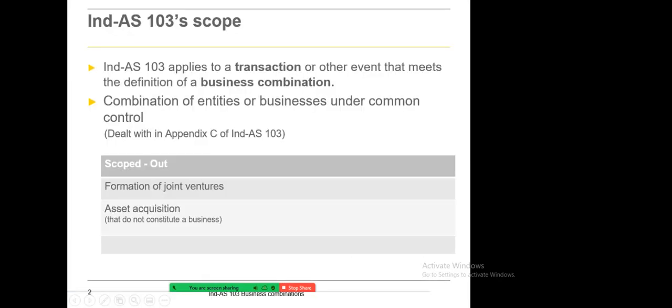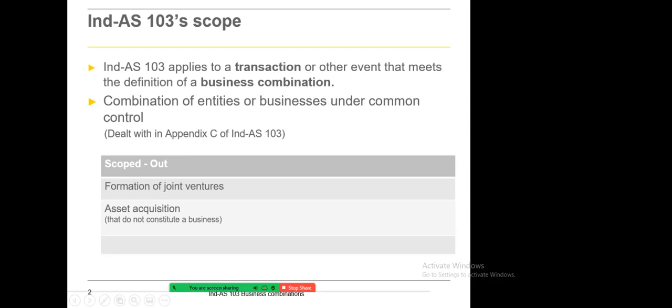So Ind AS 103 is applicable on all these transactions. Ind AS 103 applies to transactions or other events that meet the definition of a business combination. What all transactions meet the definition of a business combination, that we will study in our upcoming slides. Then combination of entities or businesses under common control.